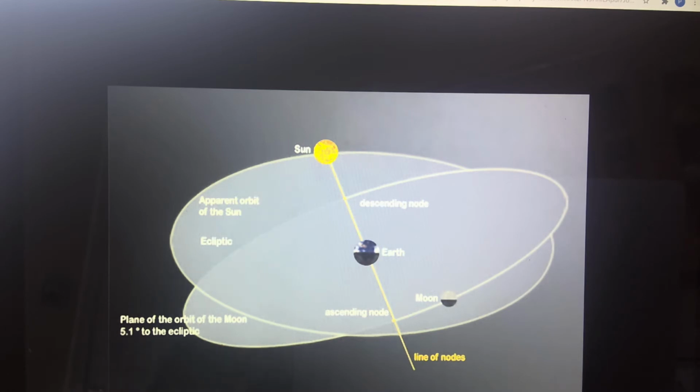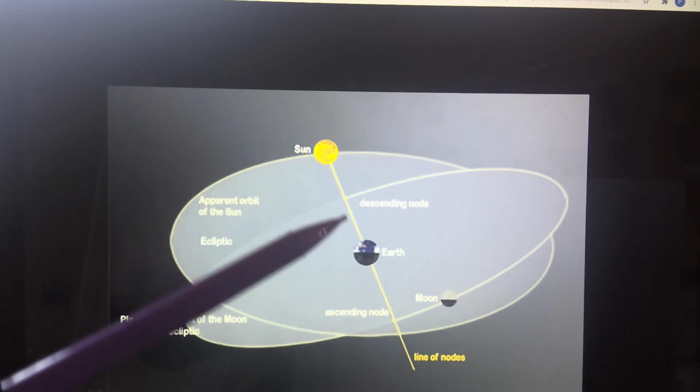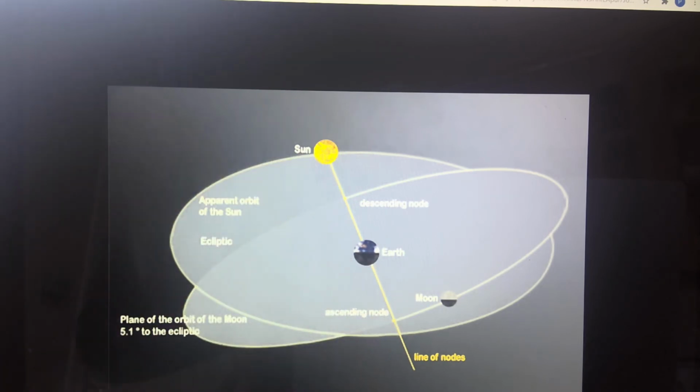And this shows you how the ascending node and the descending node, or the north and south node respectively, intersect with the ecliptic, and they get in the path of the sun's light as seen from the earth. And that plays into how you time the eclipses and how you get full moons and new moons, which is just what eclipses are. They're just mega versions of that.